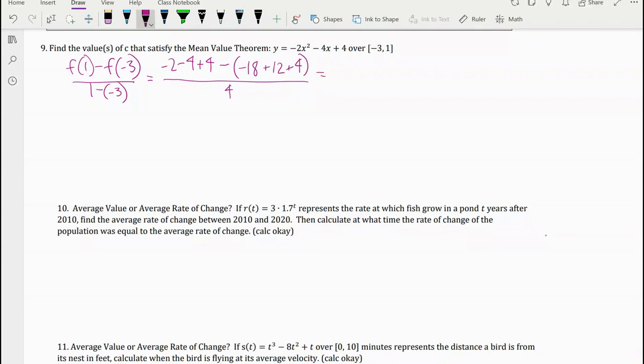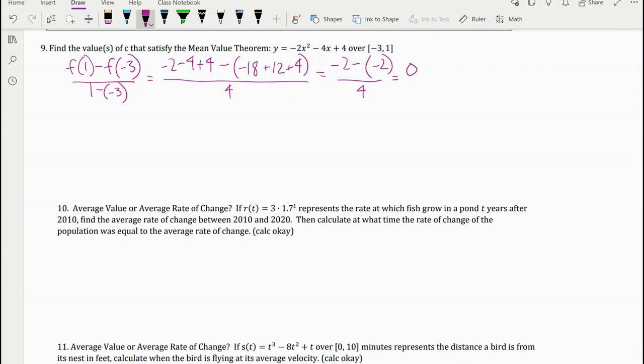So I get negative 2 minus negative 18 plus 16 is negative 2 over 4. So I get negative 2 plus 2, which is 0. So I found that the slope between negative 3 and 1 is 0.